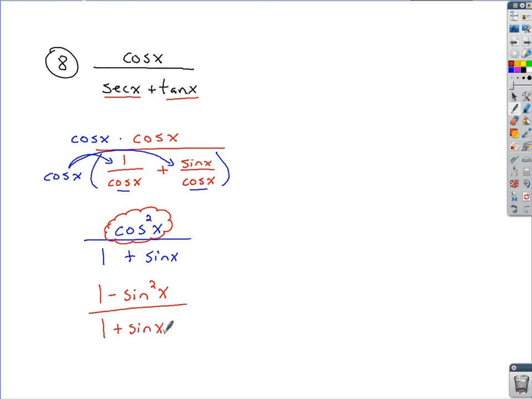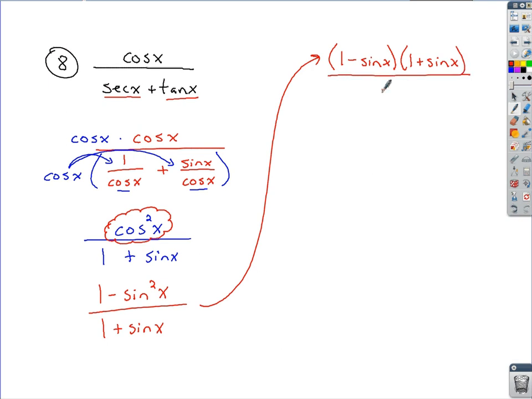Stuff is supposed to be canceling out somehow. But I can only cancel stuff if it's all factored. Is that factored? No. Can I factor it? Oh, he's drawing an arrow. That must mean something. How can I factor that? The top is a difference of two squares. 1 minus sine squared of x is 1 minus sine of x times 1 plus sine of x, because that's how we factor a difference of two squares.